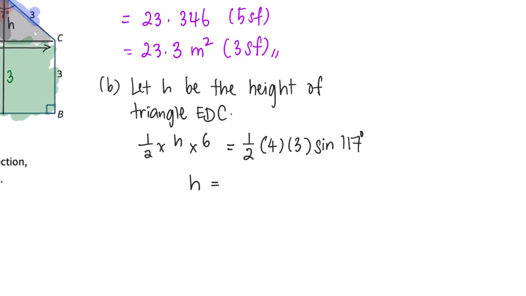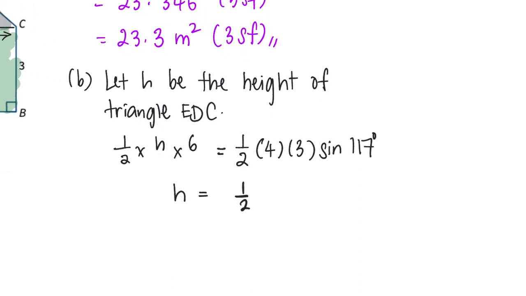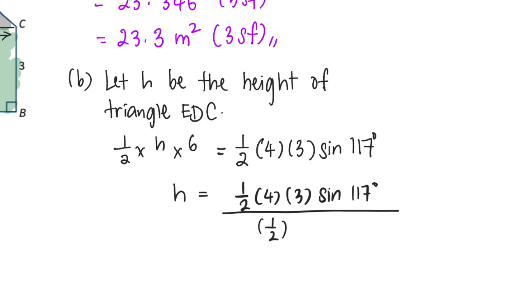Therefore, I can find my H easily by having half times 4 times 3 times sine of 117 degrees, this whole thing dividing off by my half and my 6.